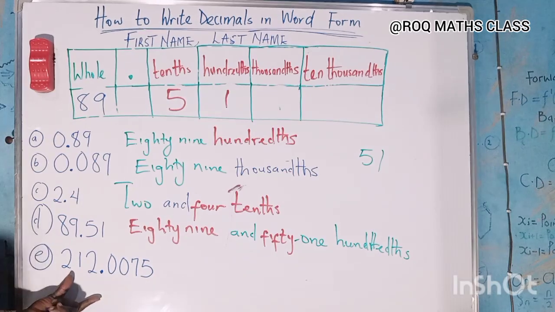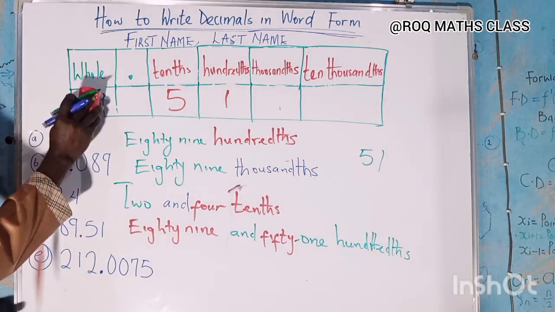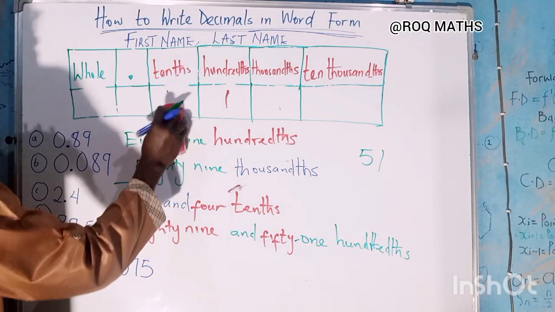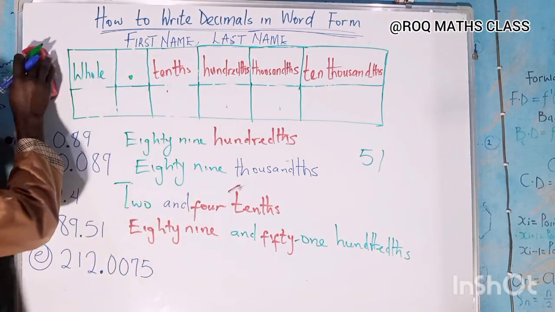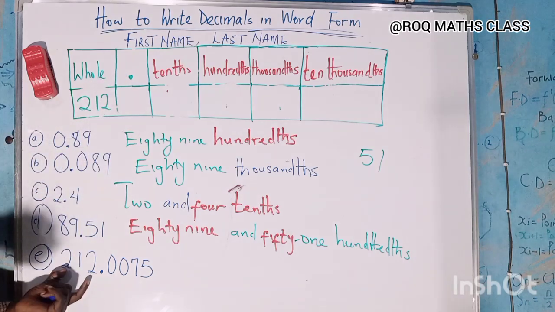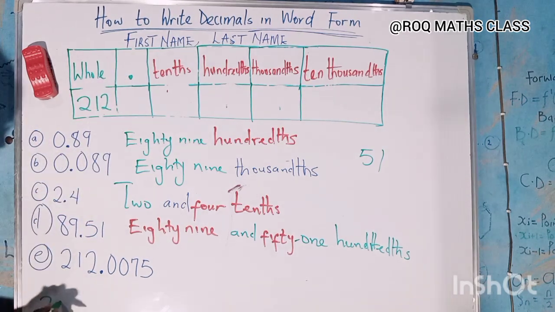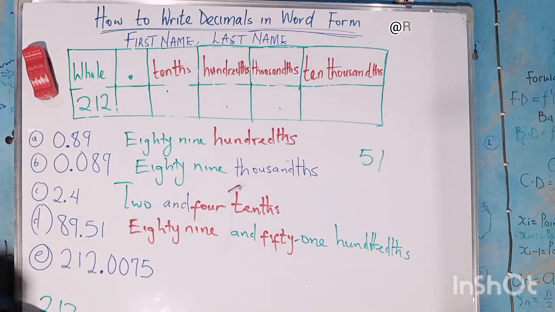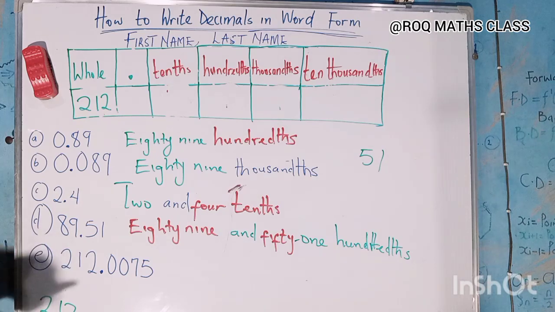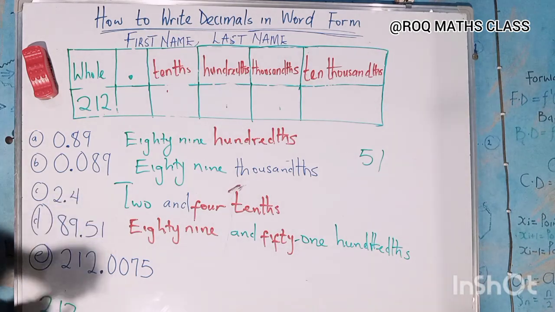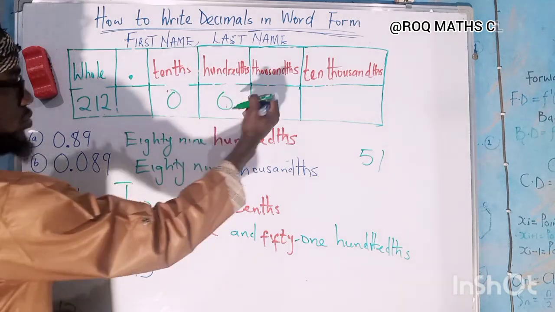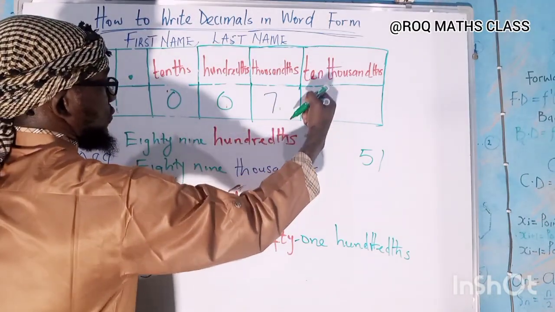Then the last one, we have 212.0075. Initially, we do pronounce 212 as 200 and 12. But because of the decimal point, we won't pronounce it as 200 and 12.